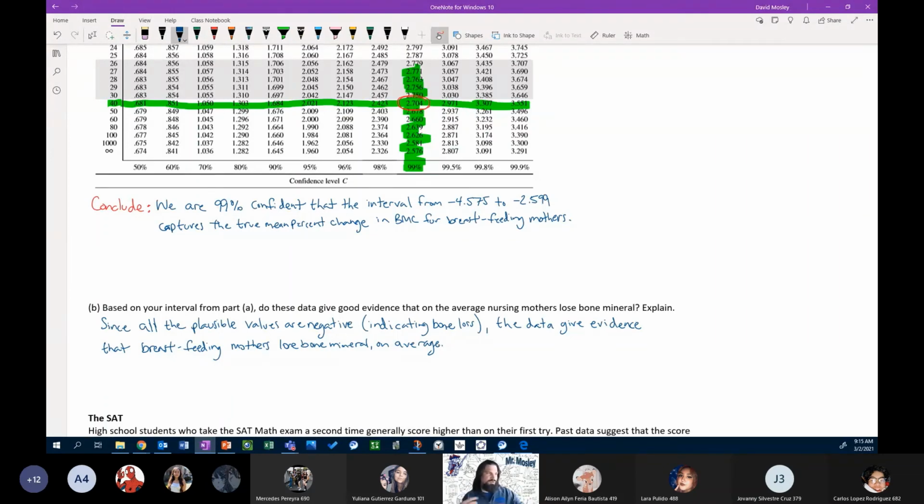Right. So we're now making an inference, right? Using our data and saying whether or not a claim is supported based on what we've inferred.